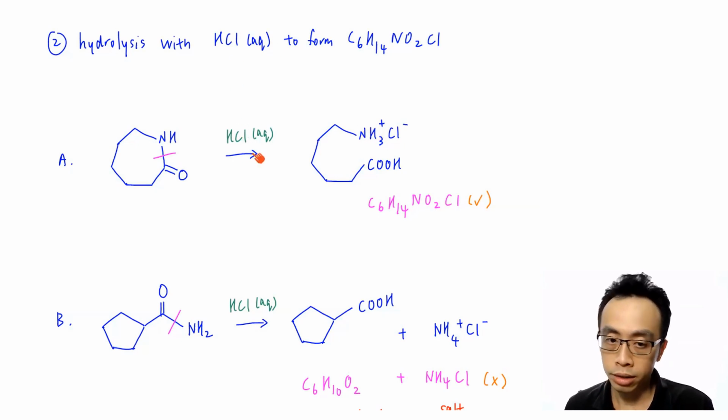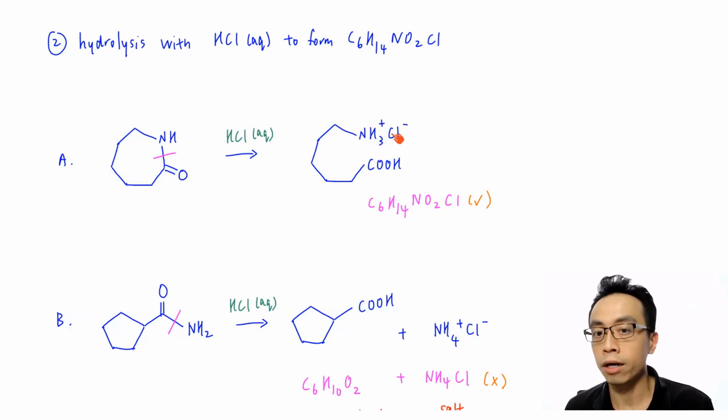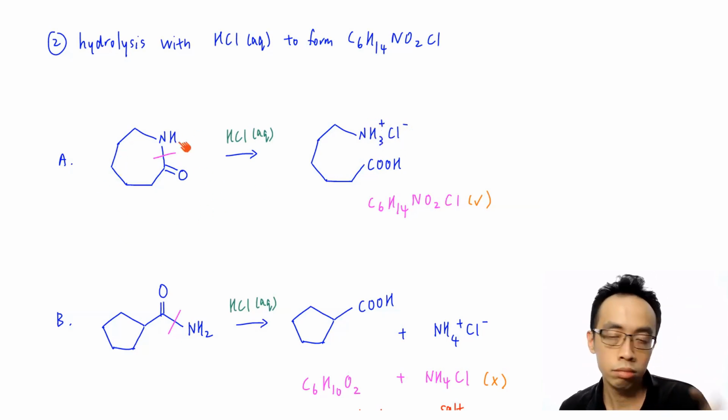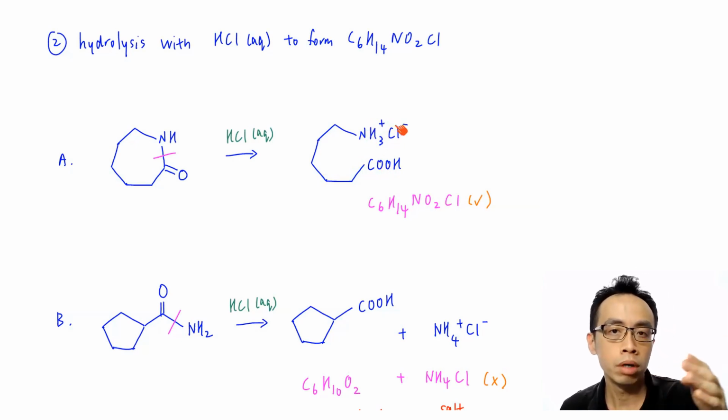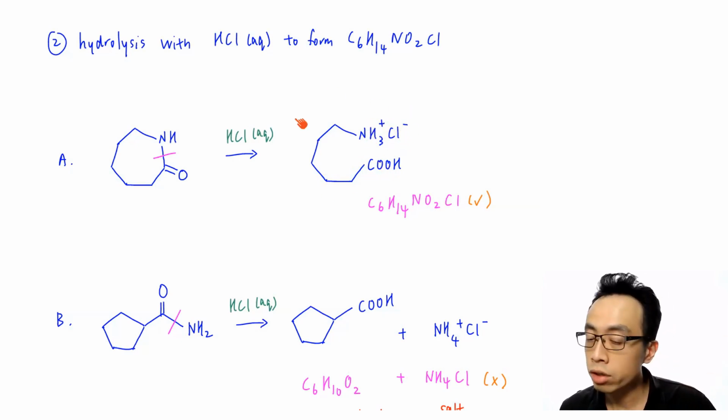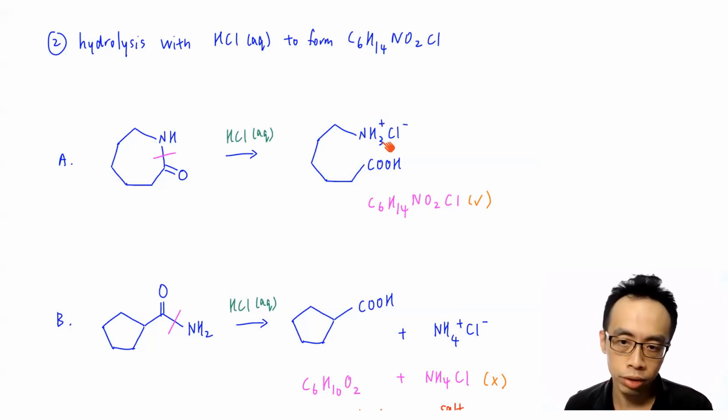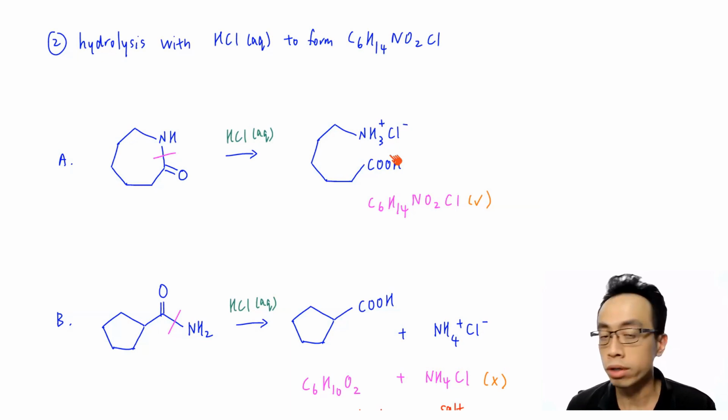And since the Cl minus is there, it will form a salt, and I'll end up with this NH3+ Cl minus. Since this is a cyclic amide, when you break this bond, you will form one compound. One end of it will be acid, and the other end will be ammonium chloride. So based on this structure, figuring out the product shouldn't be much of a problem. It's a fairly simple acidic hydrolysis.